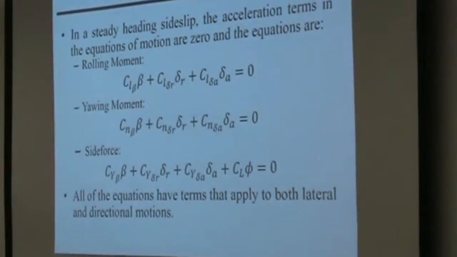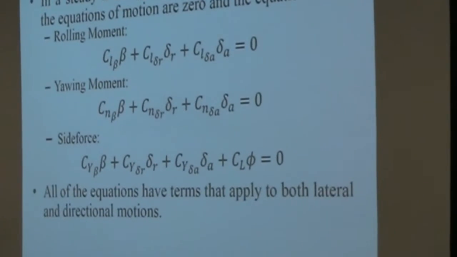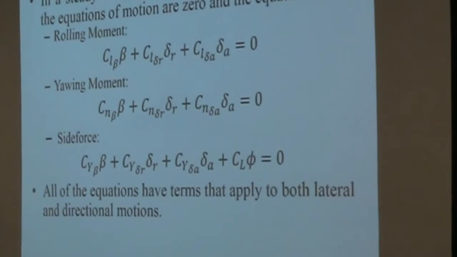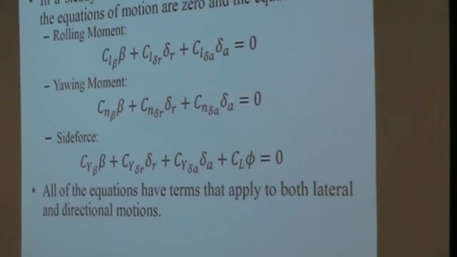Now, if you'll think back to when we talked about longitudinal, we had two force equations, right, and one moment equation. Here, we've got two moment equations and one force equation.